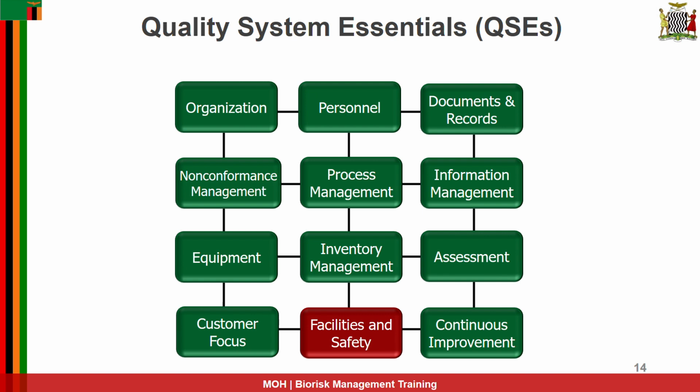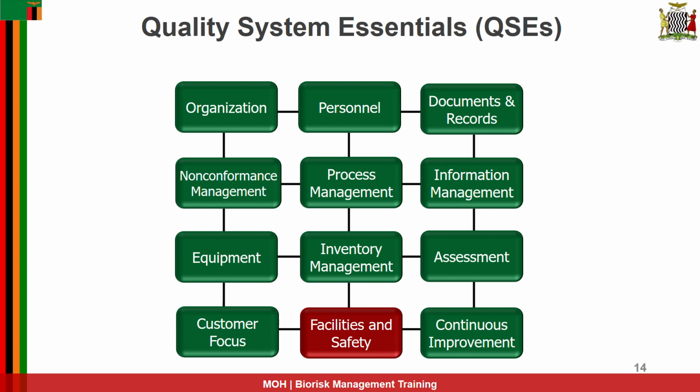So under the basics of quality management system, we have 12 quality system essentials. So if you need to actually implement a quality management system, you need to implement these 12 quality system essentials. Of course, these are interlinked. One quality system essential cannot stand on its own without other quality system essentials.